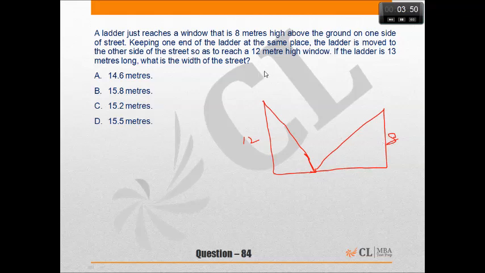If the ladder is 13 meters long, 12, 13, 5, 13, 8 and 7. 13 square is 169. 8 and 15, 15 square is 225. 64. 13 square 169 minus 64. So that's about 10.2, so it's about 15.2.